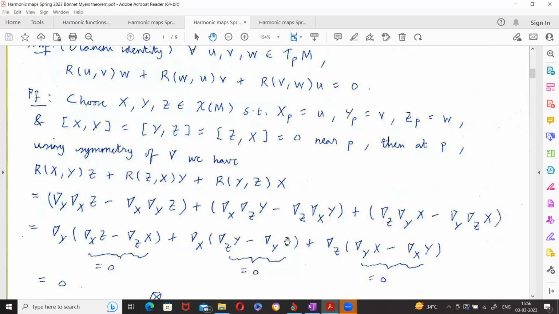Similarly, you'll get two other terms here, which again by symmetry will be 0. So the whole sum is 0.